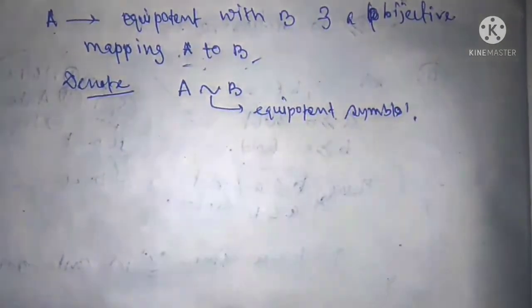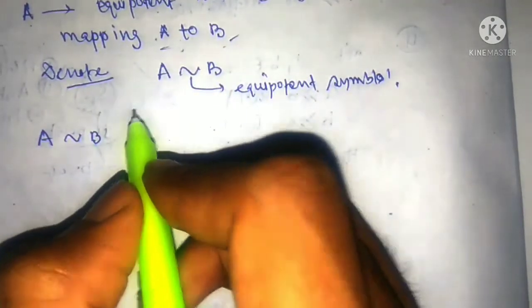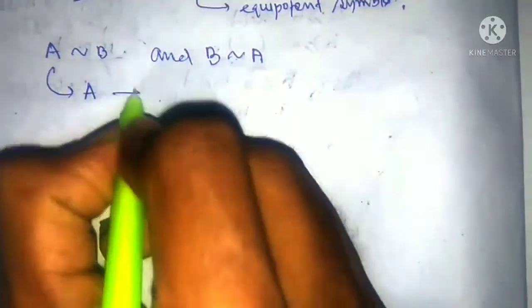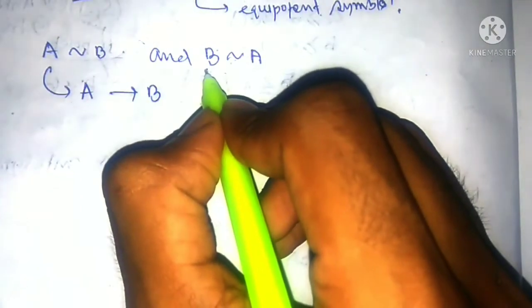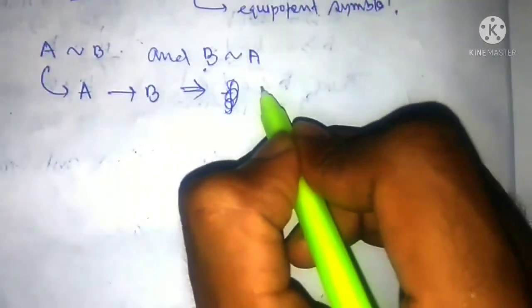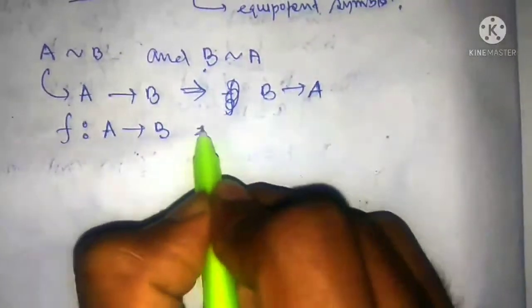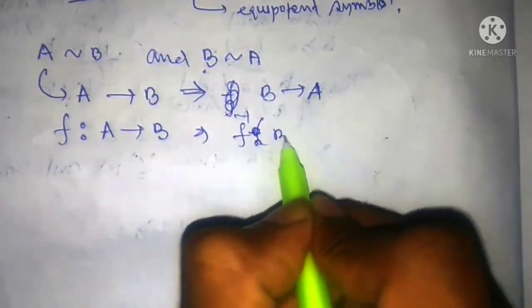Okay, so if A is equipotent with B, since there exists a bijective mapping, then B is equipotent with A, since there exists a bijective mapping from A to B, and this implies the existence of the inverse from B to A. That is, F is a mapping from A to B and the inverse mapping F inverse from B to A. If this exists, then this exists.